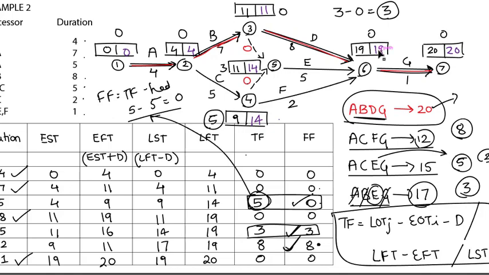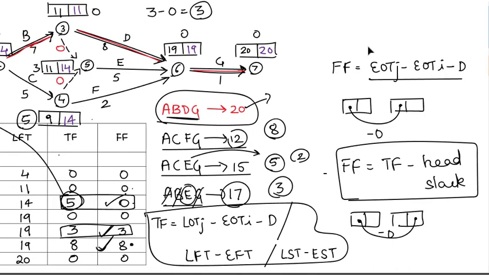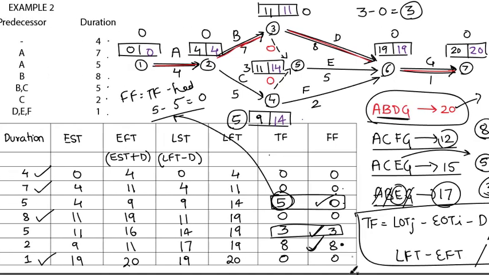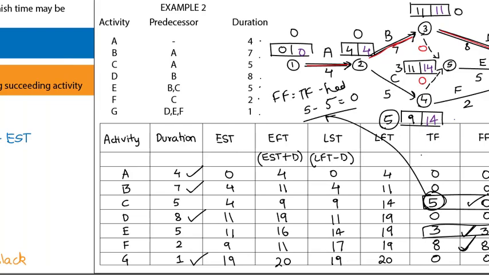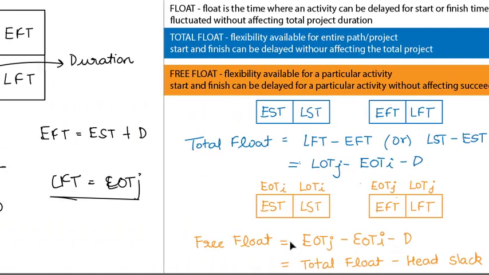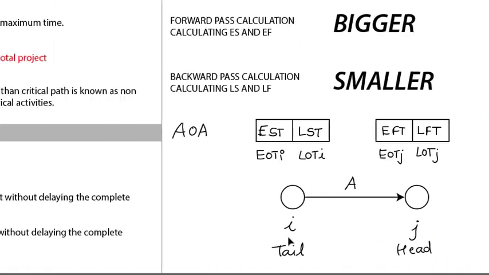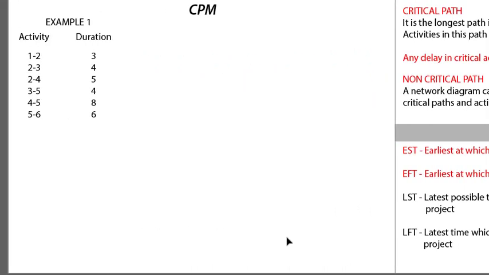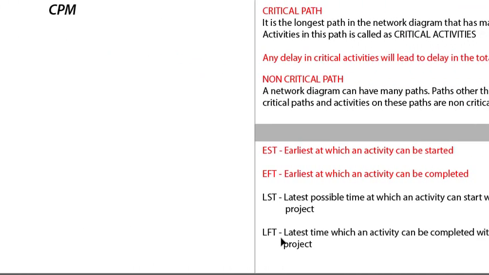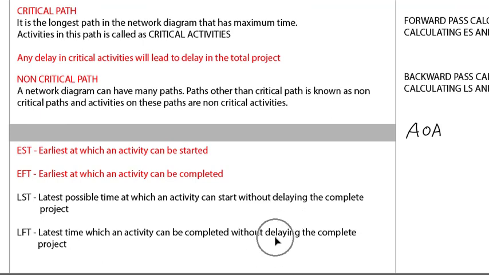So in this lecture let's have a quick revision of what we saw. We saw activity on arrow and activity on node diagrams first. Then we saw critical path and non-critical path.